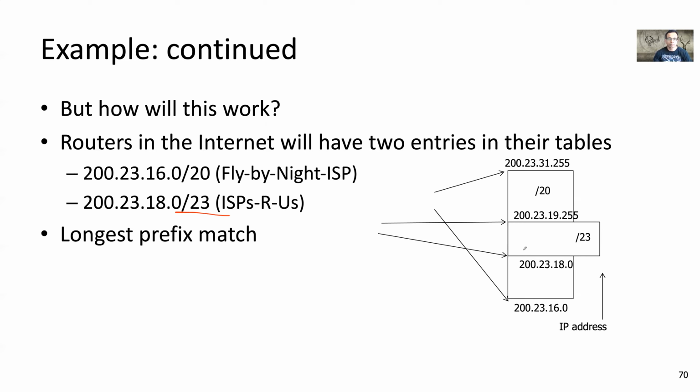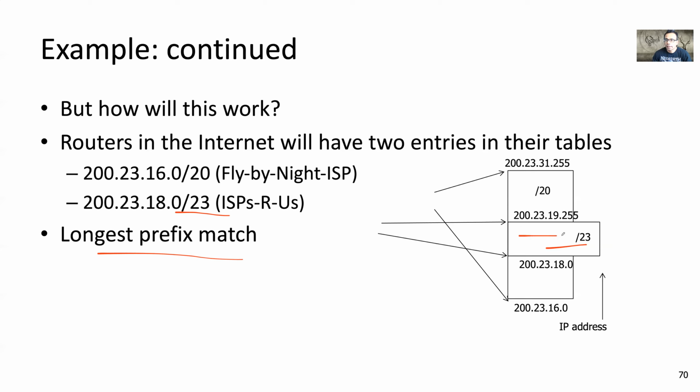So what routers do is they use what's referred to as the longest prefix match. So when they're doing the matching within their routing table, in this instance, for example, let's say a router in the internet has an entry for this block and it has an entry for this larger block, right?